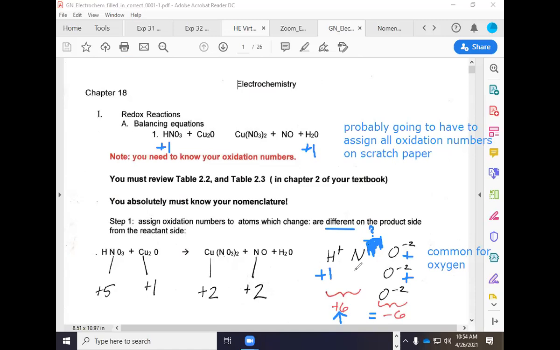With the +1, that makes this a +5. So you have to go work it out. That's how this got to be the +5. So we put the +5 for the nitrogen.